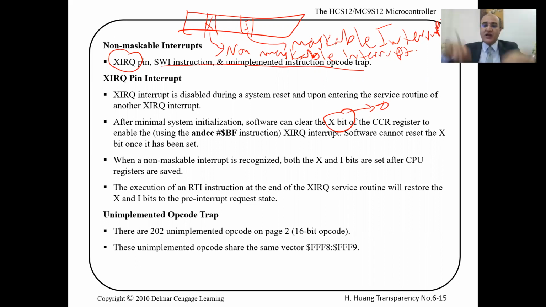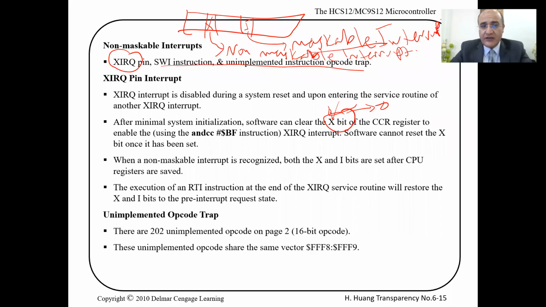You have to reprogram, you restart your code and reset your program and remove the line that enabled the non-maskable interrupts. Okay, while for the I bit, for the maskable interrupts, you can at any point of time in your code, you can make it 0 or 1. You can disable it. Okay, this is the difference between maskable and non-maskable interrupts.